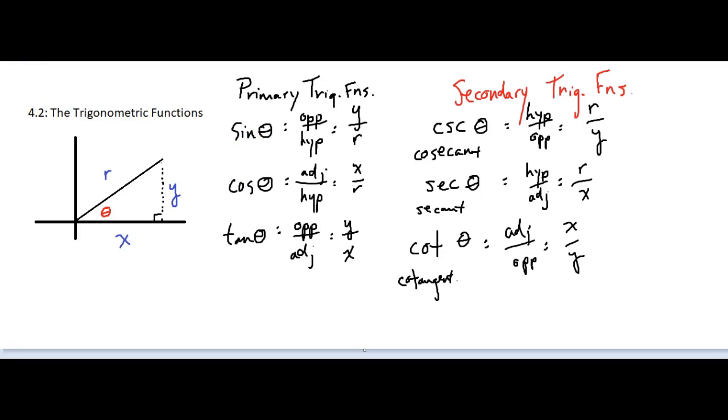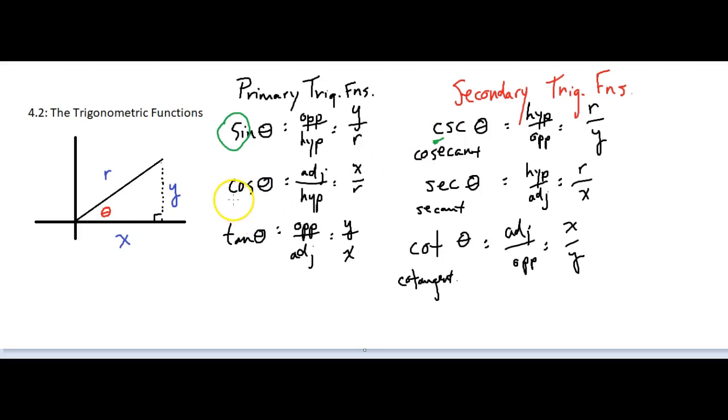Now, one way to keep them straight, and I put them on a formula sheet for you, is this. Cotangent and tangent naturally sound like they match up and go together, right? Now with these other ones, sine starts with S, its corresponding reciprocal function does not.